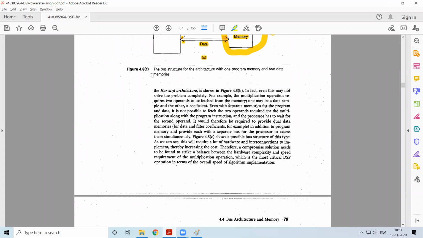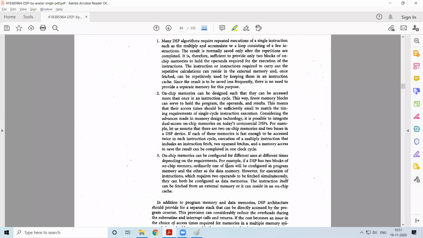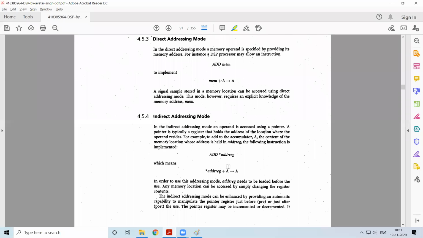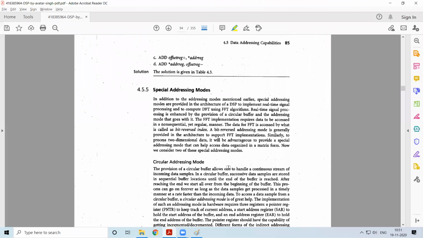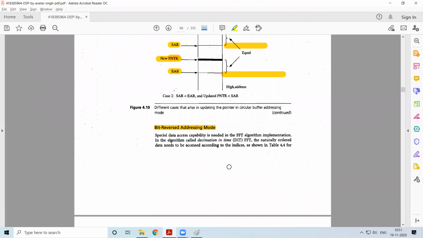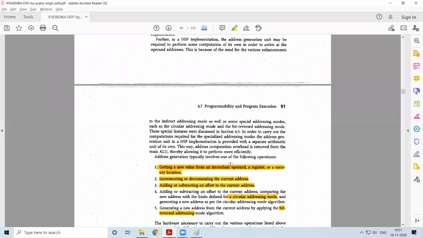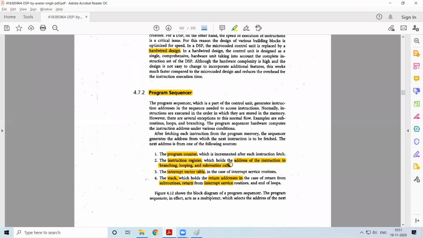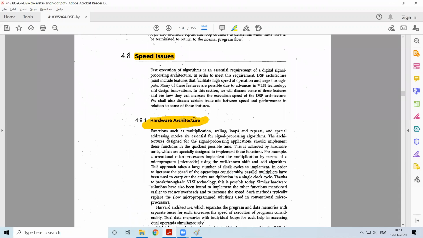Then we discussed on-chip memory, and what the advantage is if we provide it. These are the things with respect to which the speed issues are overcome in DSP, that is, with the use of the hardware architecture.